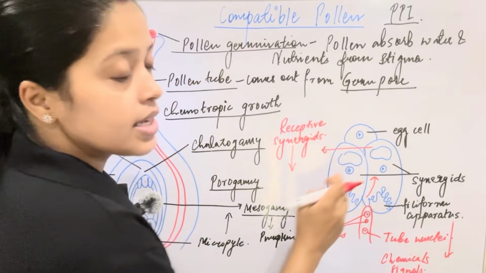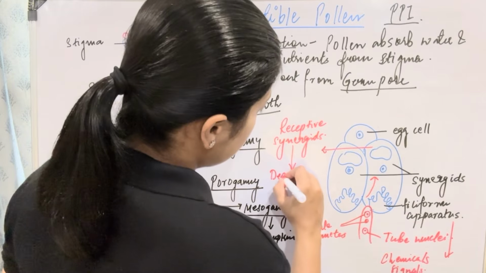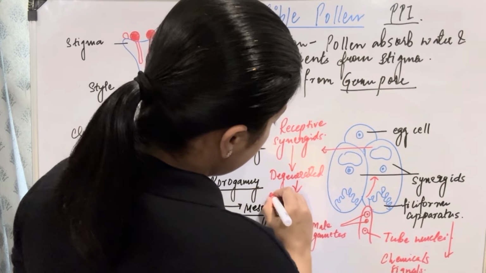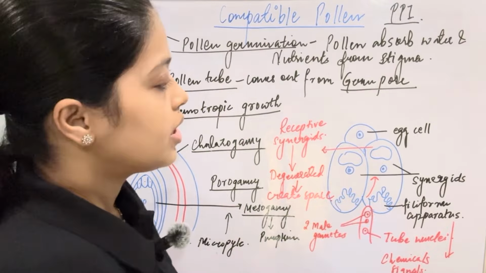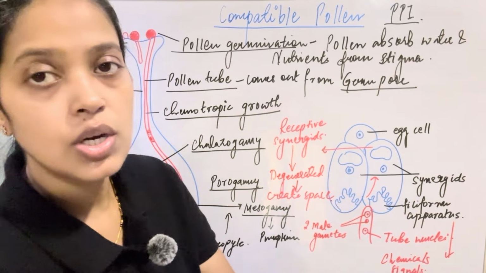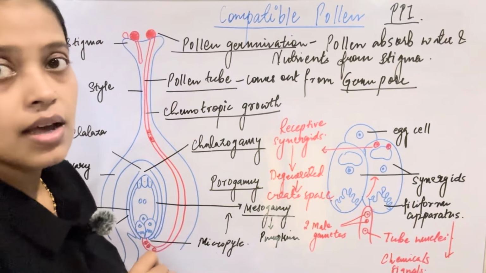Once it has given the signal for entry, its role is done and it degenerates, to create space for the pollen tube entry. The two male gametes are released.